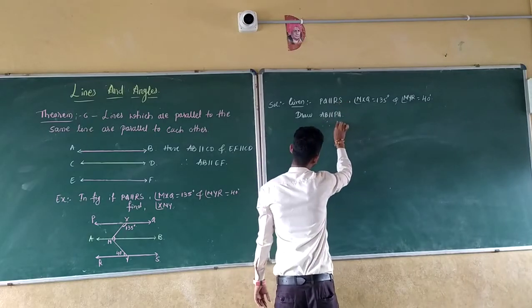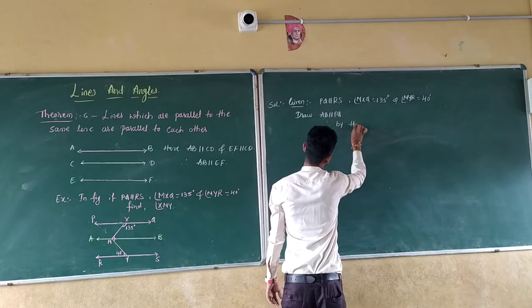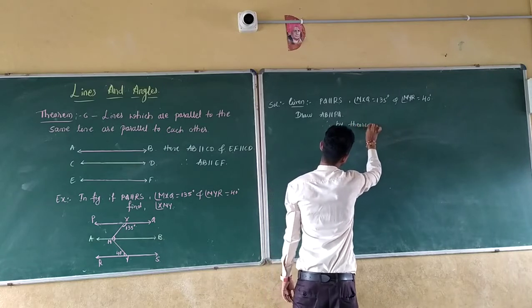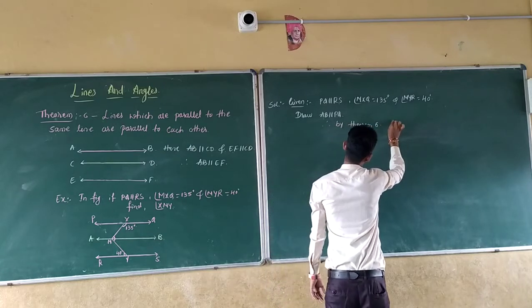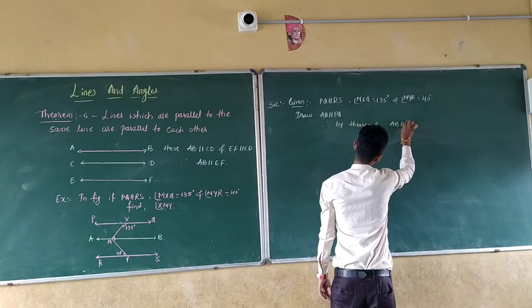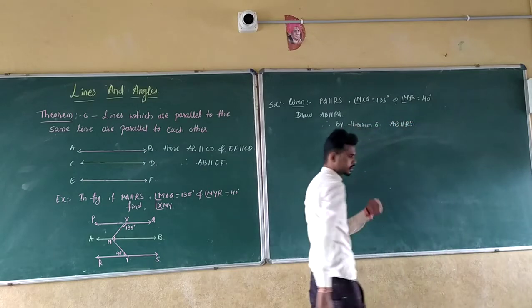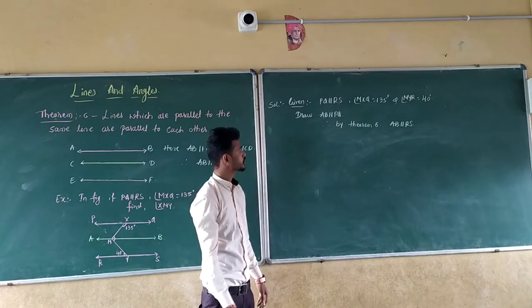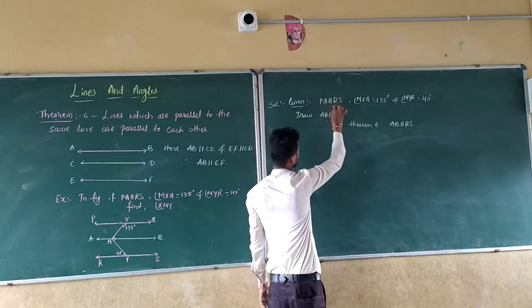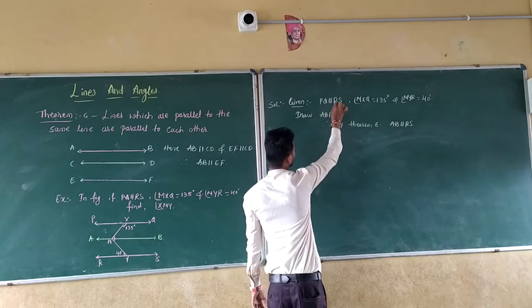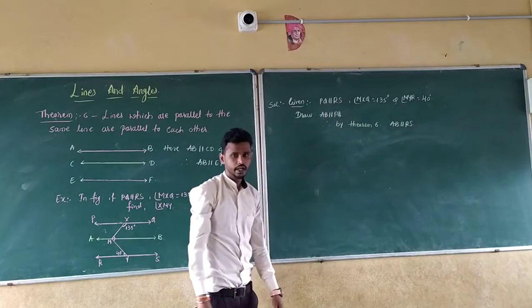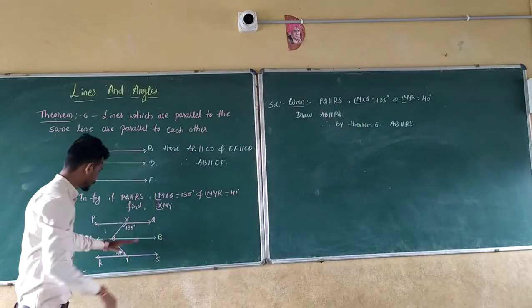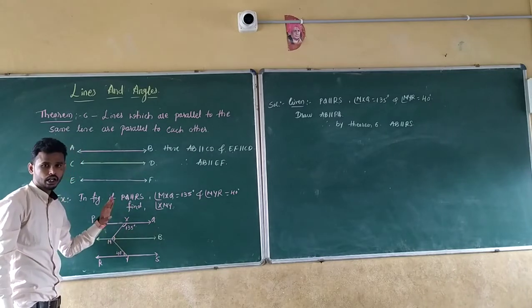Therefore, by Theorem 6, AB is parallel to RS. Lines which are parallel to the same line are parallel to each other. So RS is parallel to PQ, AB is also parallel to PQ. Therefore AB is parallel to RS. Means all these three lines are parallel now.